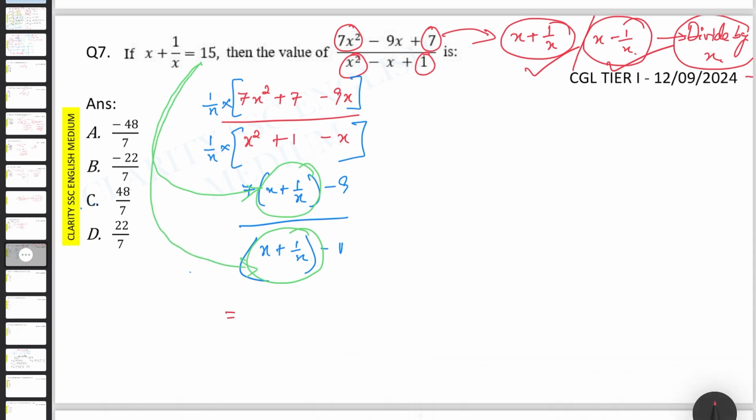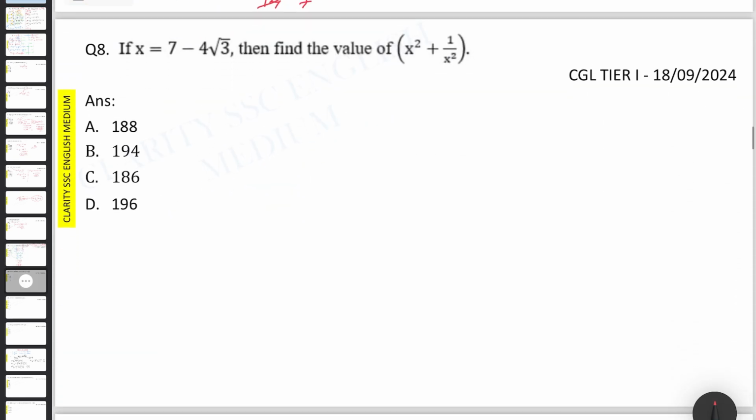It is equal to 7 into 15 minus 9 divided by 15 minus 1, which is 105 minus 9, that is 96, divided by 14. Cut this 7, cut this 48. So option number C is the correct answer. C for cat is the correct answer. 48 divided by 7.